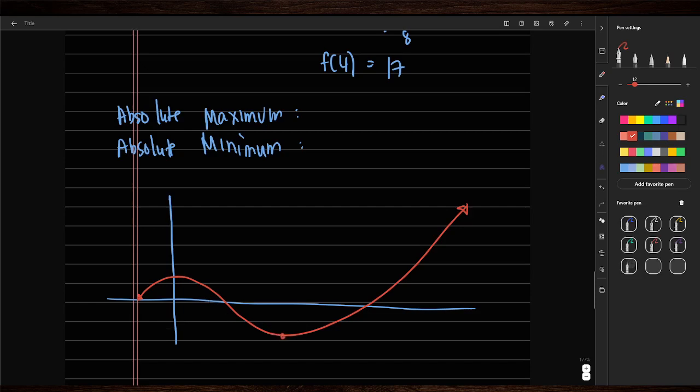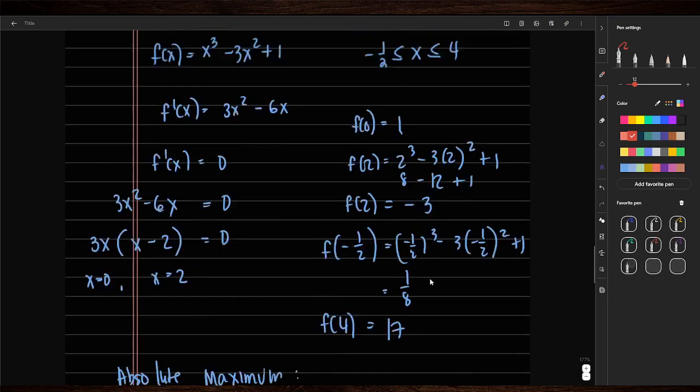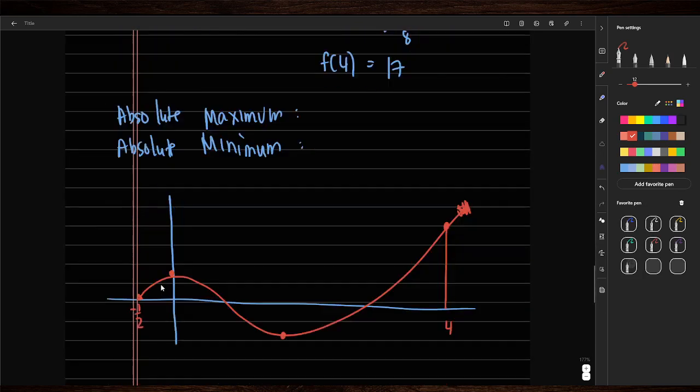Here are your critical numbers. But since you are given the intervals, you are just given limited values. So let's say at number 4, we erase here. So that is not continuous to the left side, so that is 4, and this is negative 1/2 here. Your critical numbers, as what you solved here, are 0 and 2, right?